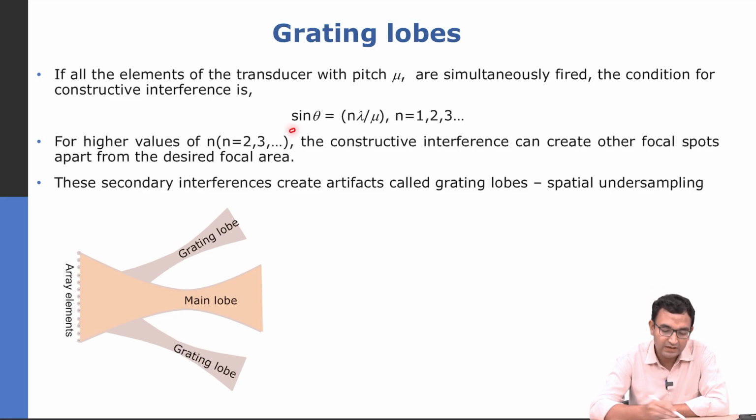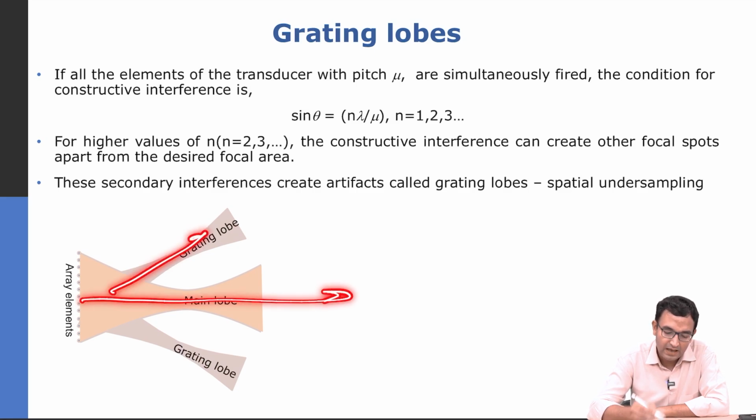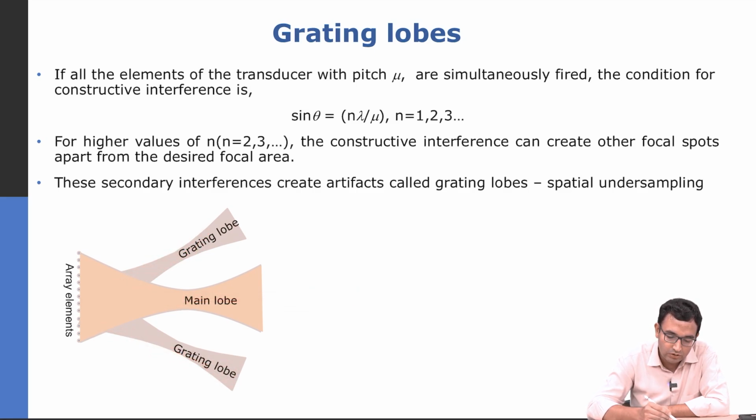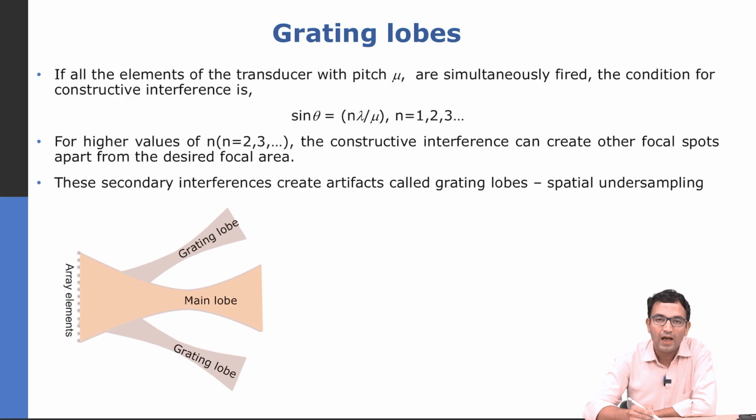Now the condition for constructive interference is, if constructive interference happens at a theta angle, then sin theta is n lambda by mu, where n is going to be 1, 2, 3, etc. For higher values of n, constructive interference happens not only in the center direction but also in some other directions, which can create other focal spots apart from the desired focal area, and these secondary interferences create artifacts called grating lobes, and it can also be thought of as a spatial undersampling.